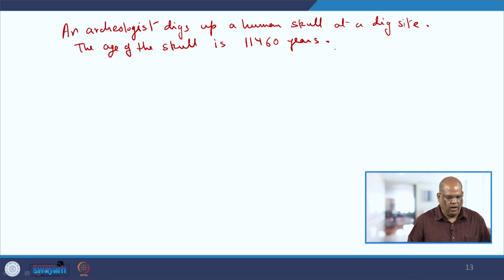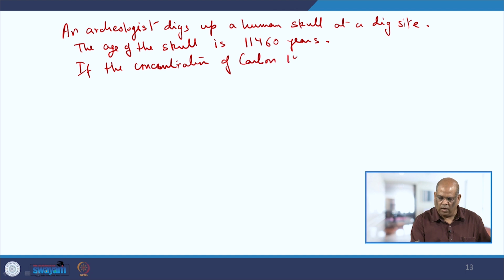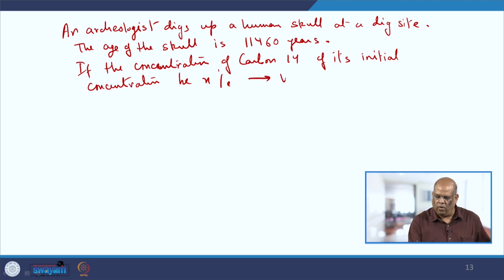So, we have to find the concentration of this carbon 14 relative to its initial condition. So, if the concentration of carbon 14 of its initial concentration be x, then what is the value of x?